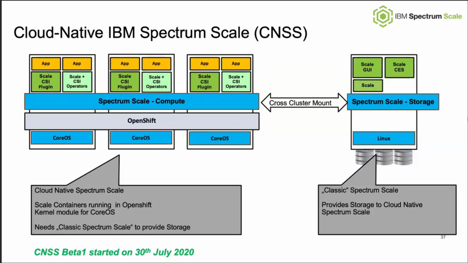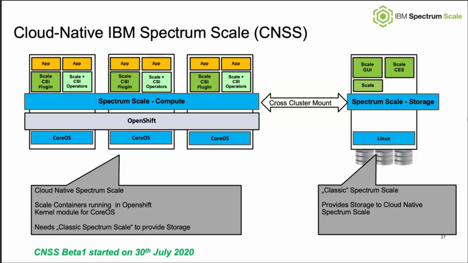So the Spectrum Scale cluster on OpenShift is going to be your compute cluster, cross-mounting the storage from the remote cluster. This in turn will work with the Scale CSI driver to provide persistent storage for your application containers.